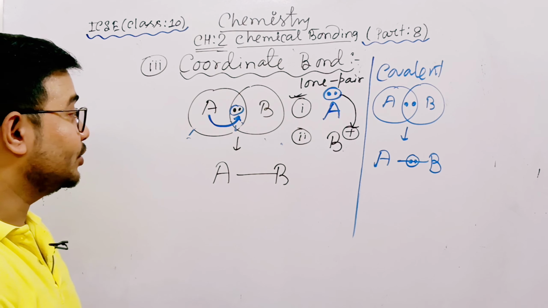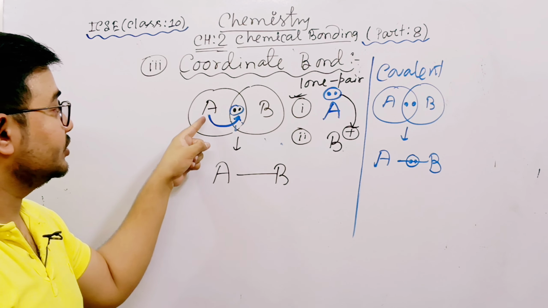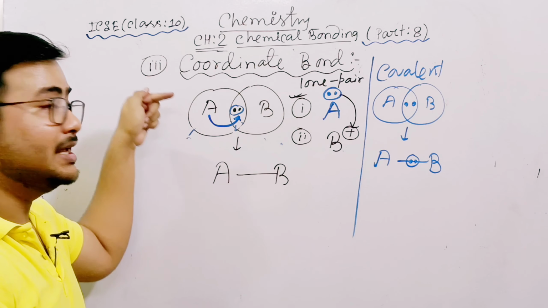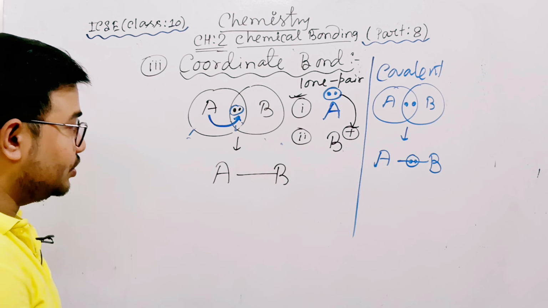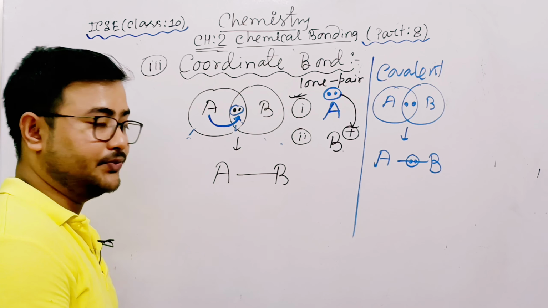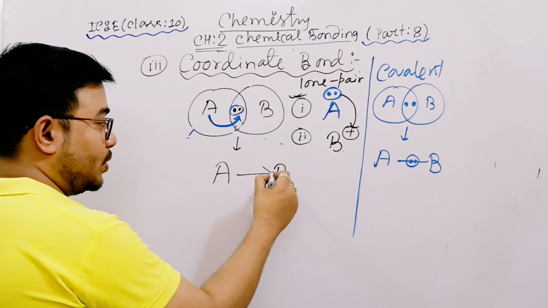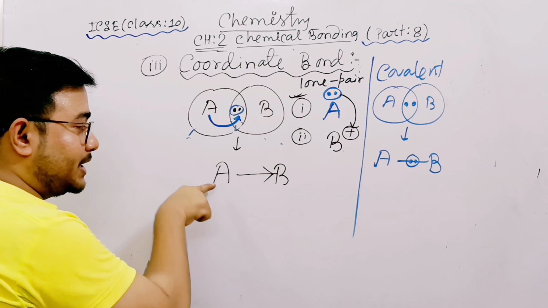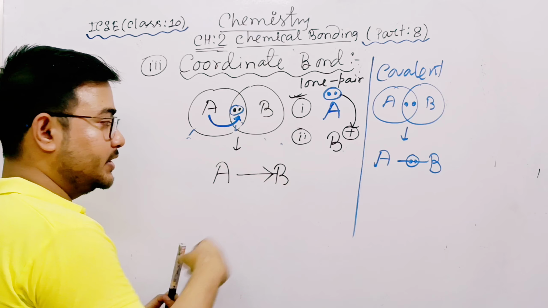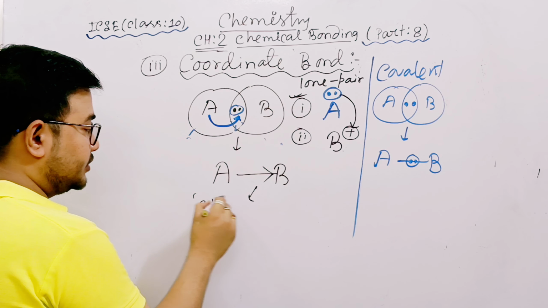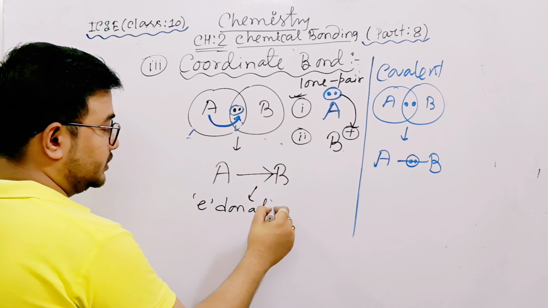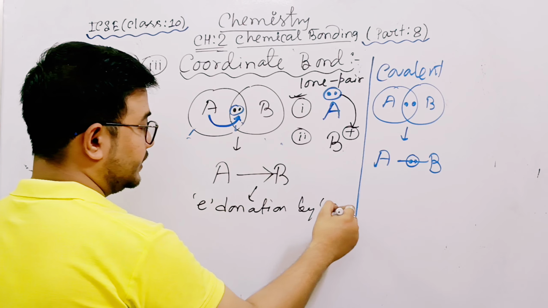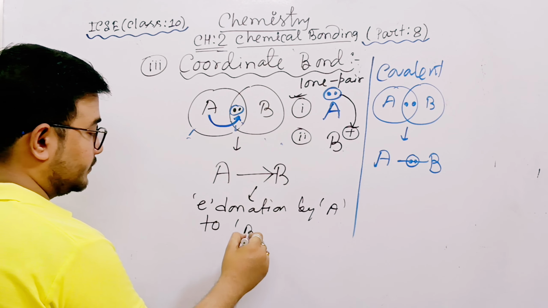No, both are not the same. Here, the electron is donated by which atom? A. So you have to draw an arrow from A towards B. This arrow indicates electron donation by A to B.